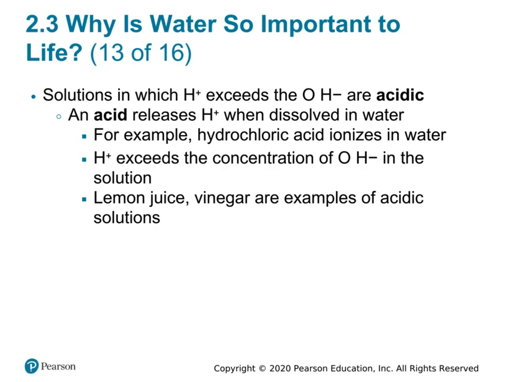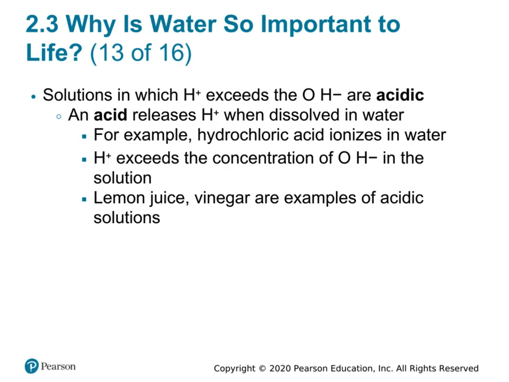And when we add hydrogen ions, when they exceed the amount of hydroxide ions, we say that solution is now acidic. So acidic substances or solutions tend to have more hydrogen ions than hydroxide ions. They also tend to release hydrogen ions over hydroxide ions when dissolved in water. A great example is hydrochloric acid.